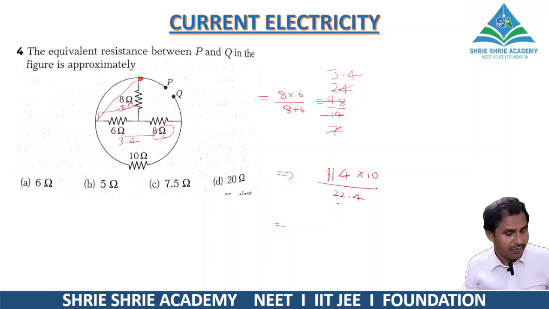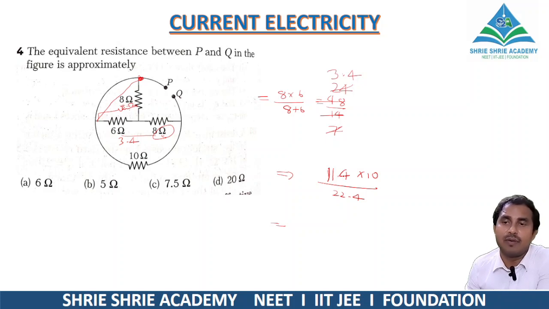Let's say you are dividing 11.4 with 22.4, right? It is kind of 0.5 only, approximately 11 by 22. So 0.5 and 5 you get 5 ohm, the effective resistance. Approximately you can do it for this one also.